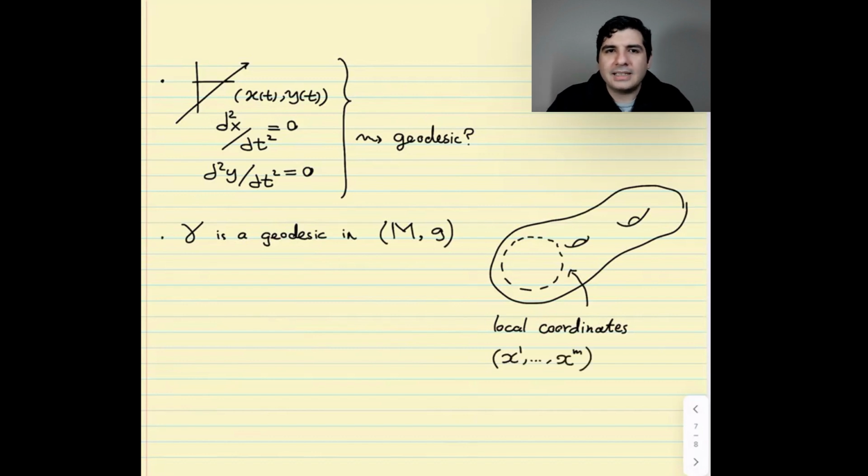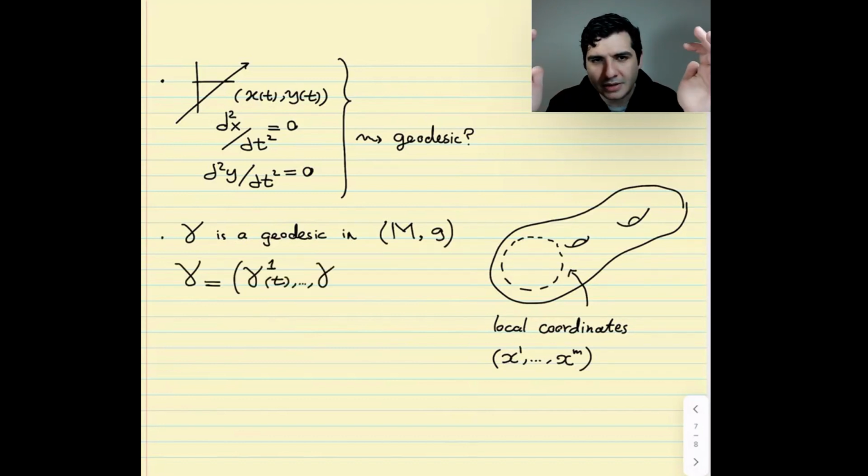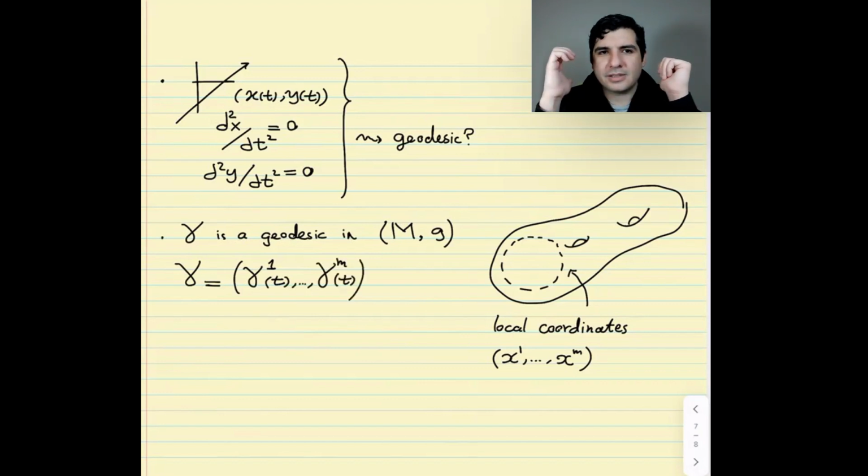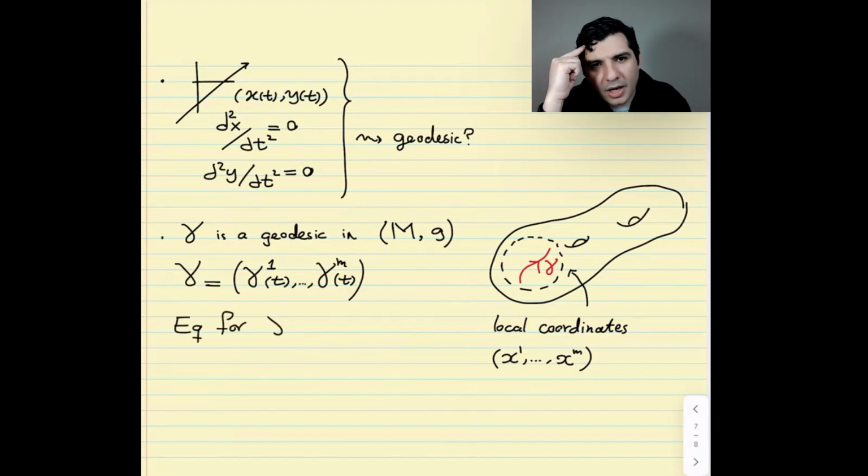And let's say a piece of our geodesic gamma, which is given in coordinates by gamma 1 of t, gamma 2 of t, up to gamma m of t, falls inside this region. I'm going to denote that with this red piece. Let's say this is my geodesic. So what is the equation for gamma 1 up to gamma m in these coordinates? What is the equation for each gamma i?